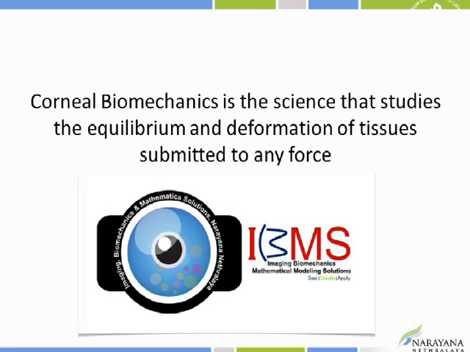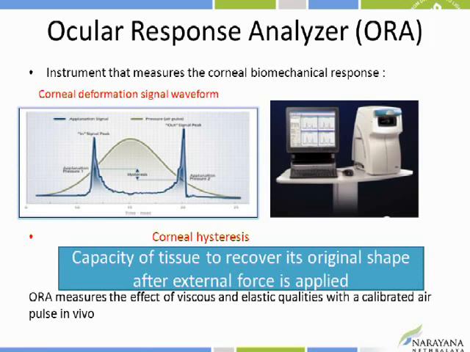Actually, corneal biomechanics is a science that studies the equilibrium and deformation of tissues. To put it in simple English, ORA has been clearly explained now, which just measures the viscous and the elastic qualities with a calibrated air pulse. Why calibrated?